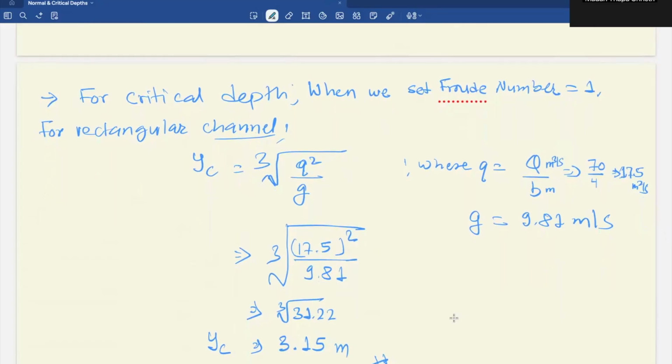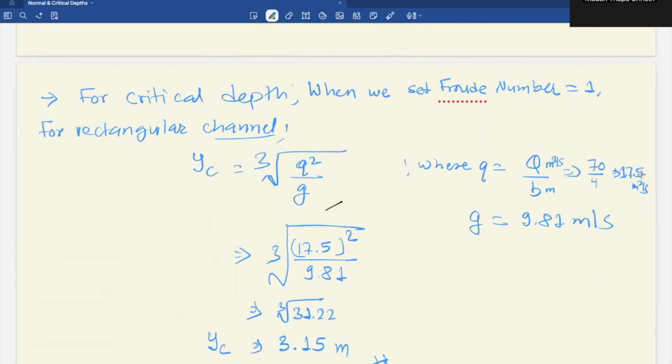So for finding the critical depth, first we need to set the Froude number as 1, and we can use the formula for a rectangular channel, as this, where q is equal to Q by b, and our Q is equal to 70, whereas b is equal to 4 meters.